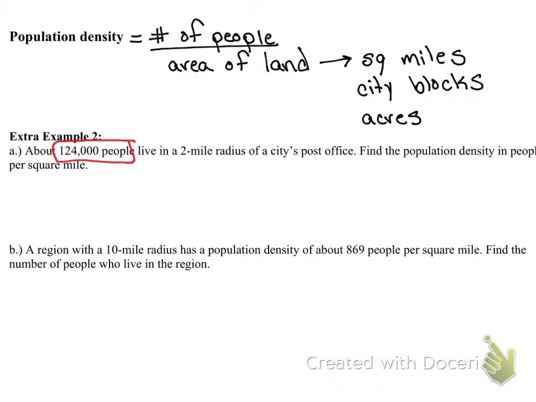For example, if here's my post office, and I measure out 2 miles and think about everybody that lives inside those 2 miles, there are 124,000 people that live inside this circle right here.